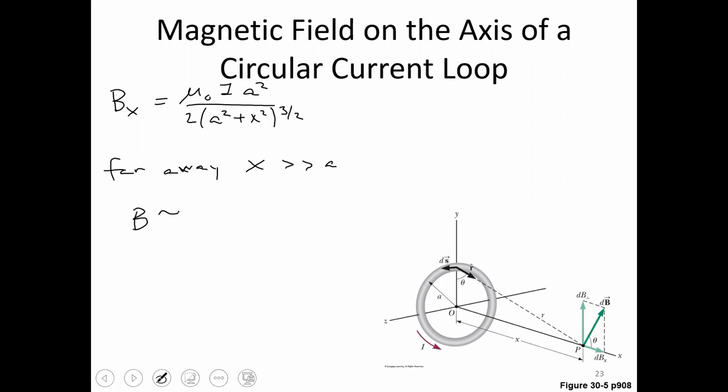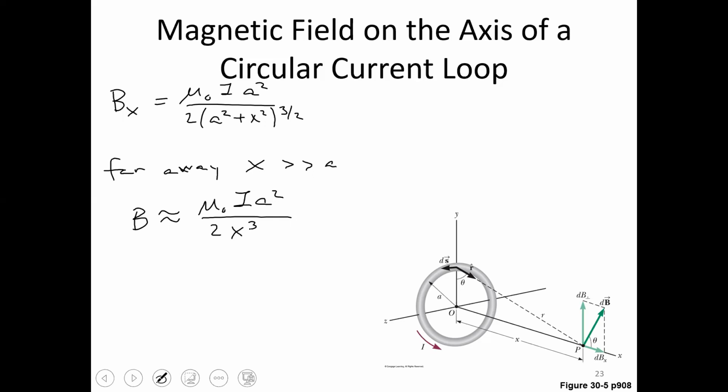Our magnetic field can be thought of as approximately mu 0 I times a squared. And the quantity x squared would be so close to x squared plus a squared because a squared is so small that you would have 2x to the third there on the bottom.